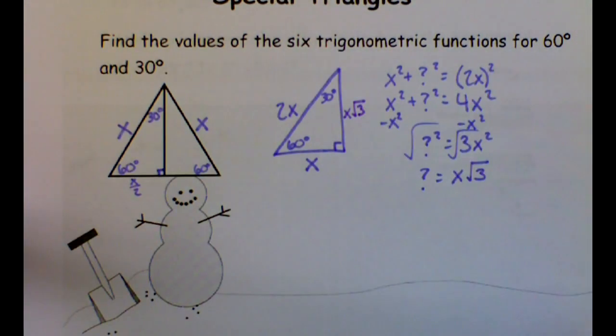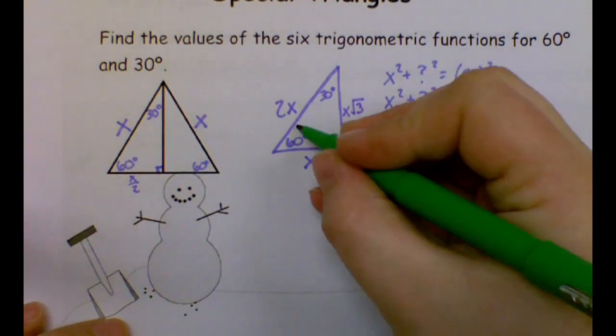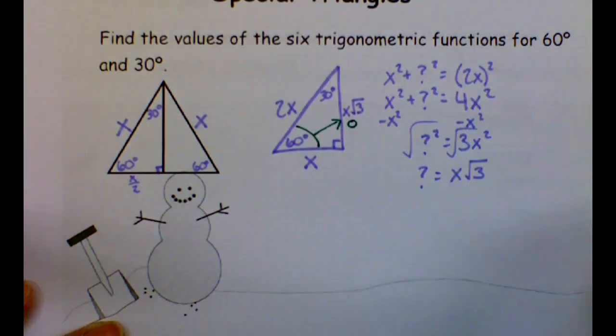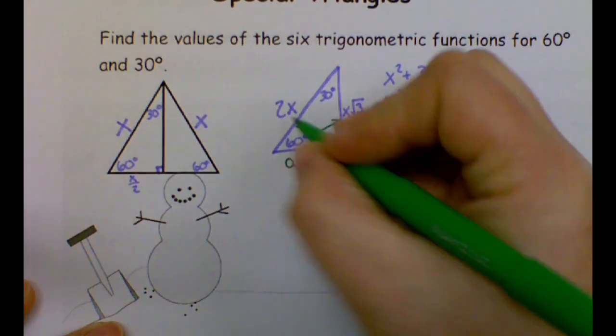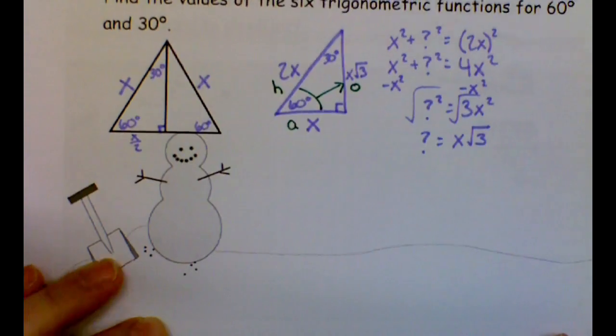Which means no matter what x is, I can find all 3 sides now. So we need the 3 trig functions for 30 and 60. Let's start with 60. From 60, my opposite is x square root 3, adjacent is x, hypotenuse is 2x.